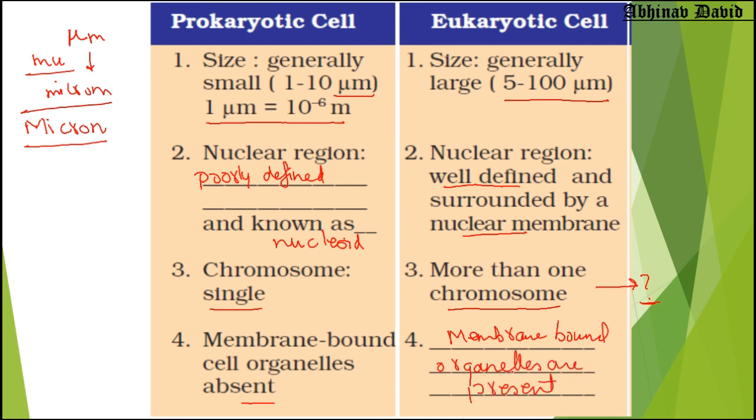But there is some organelle which is present in the prokaryotic cell, and you have to find that out. This is your homework. So membrane bound cell organelles are present in eukaryotes and absent in prokaryotes. Write all the notes properly in your notebooks. Thank you, students.